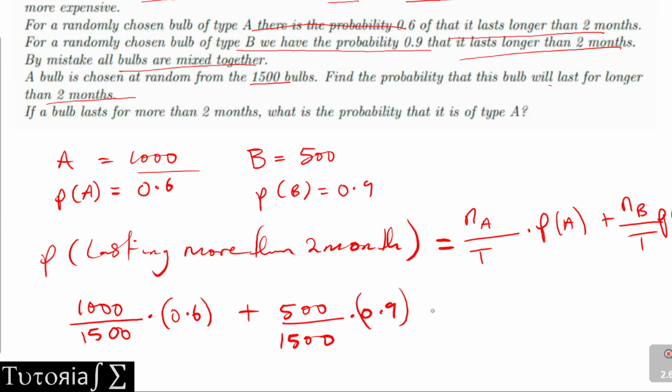When we multiply this out and simplify, it gives us 0.7.